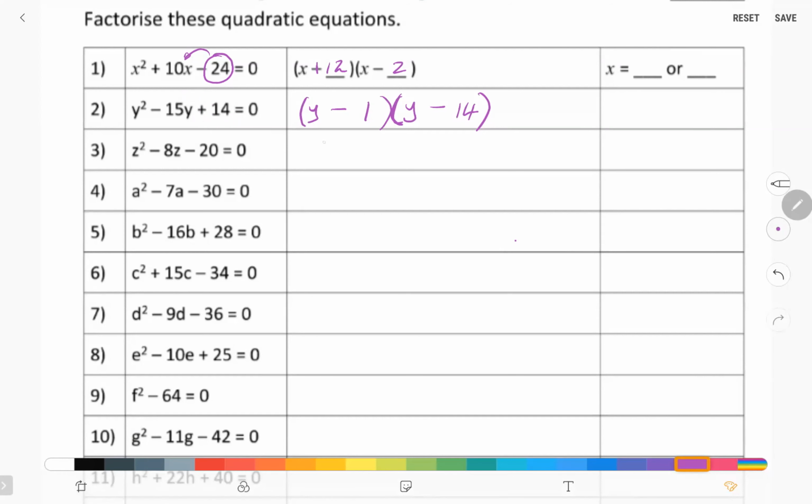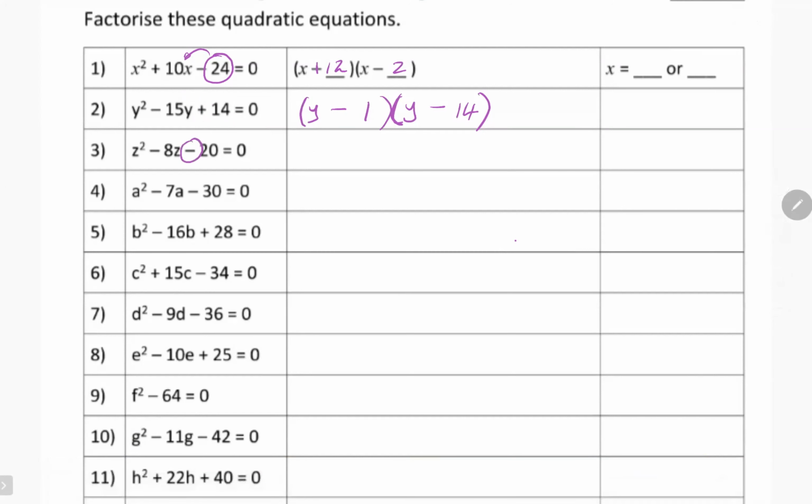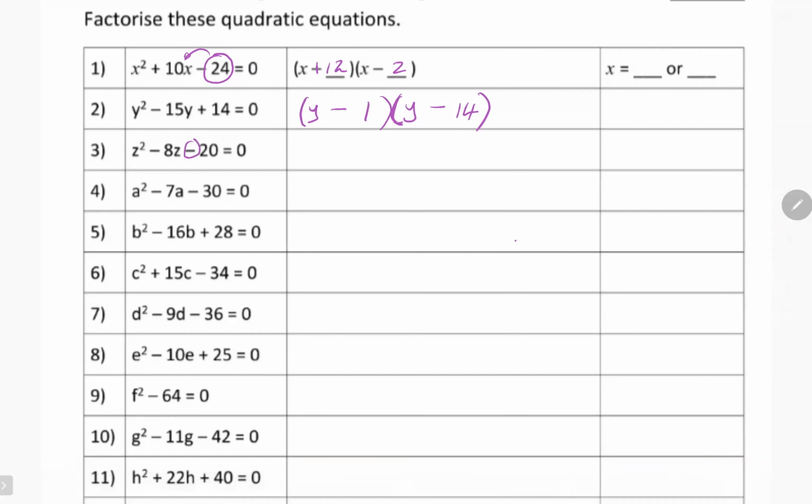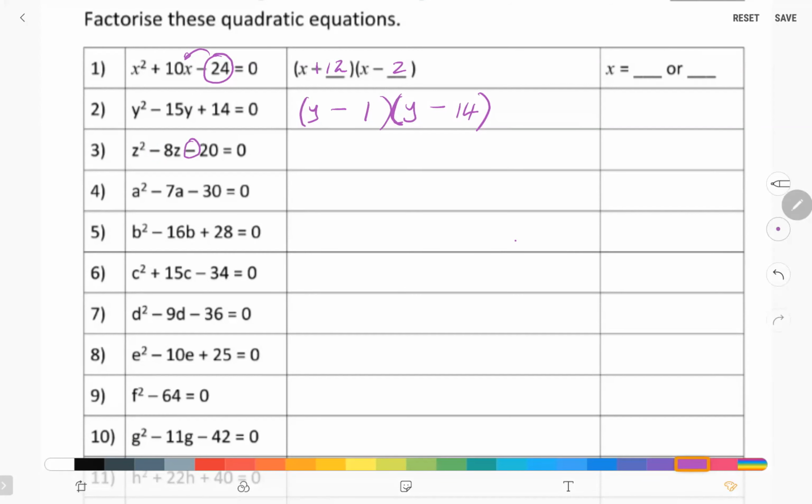Look at this one now. This means that the signs are different. This means you give the larger factor the negative sign. And this negative also means that you want the difference in the factors of 20. You want two factors of 20 where the difference is 8. That is 2 and 10. The difference between 2 and 10 is 8.